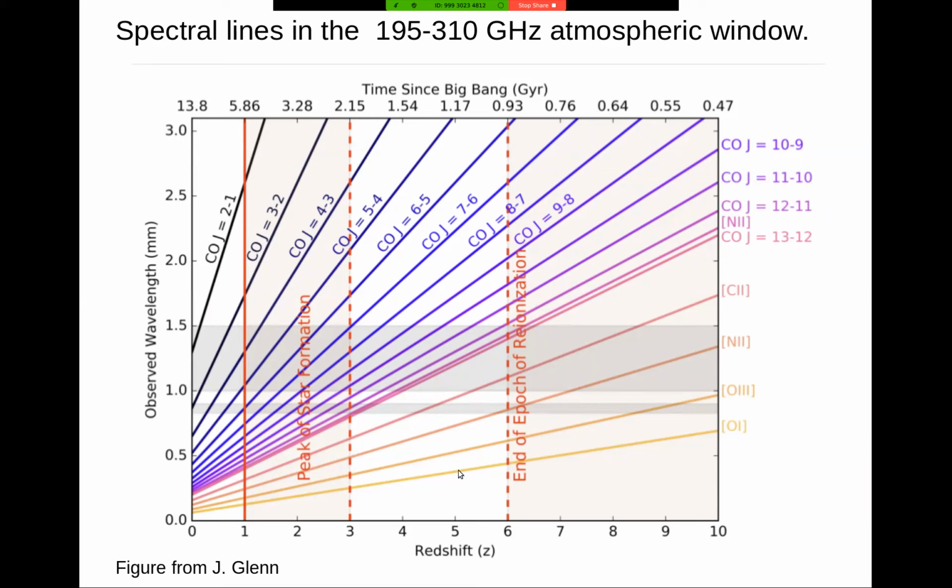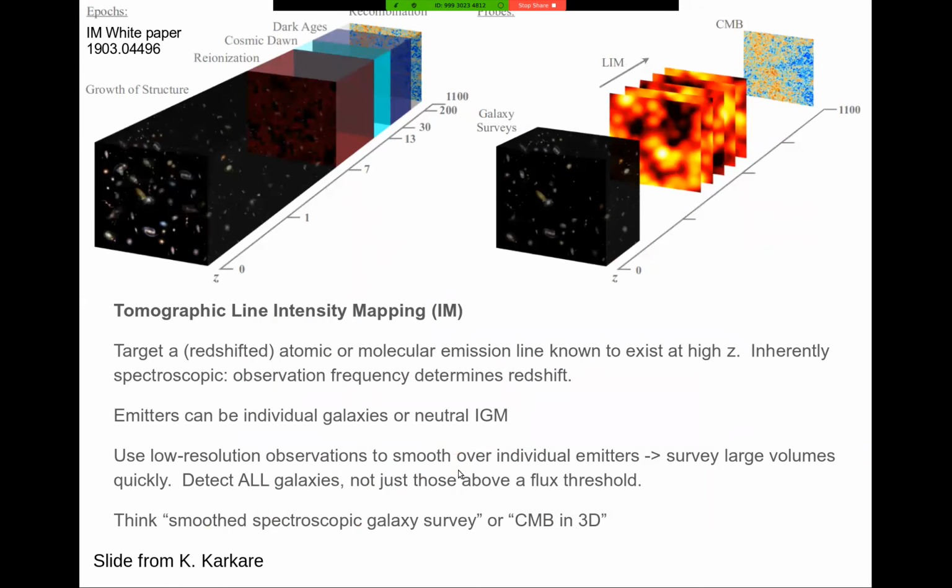All right, so you can do this in a couple of different ways. You can either look at individual galaxies and measure their spectrum, or you can make a map of the sky, and then you can ask, where are the galaxies in X, Y, and Z? And you can ask, where are the galaxies in 3 dimensions?